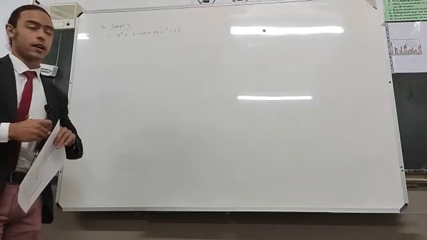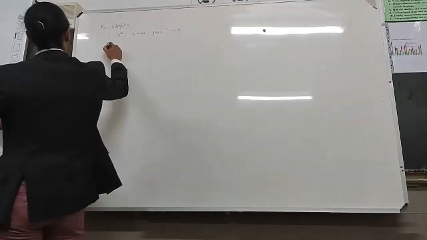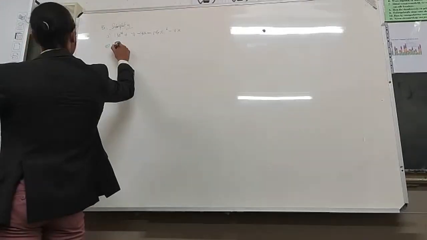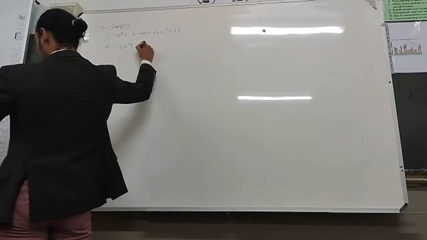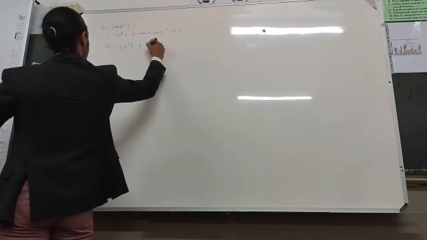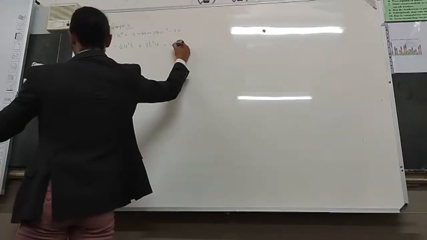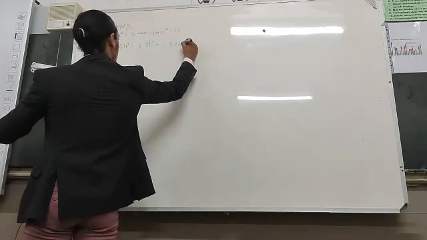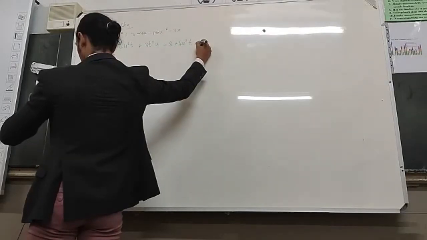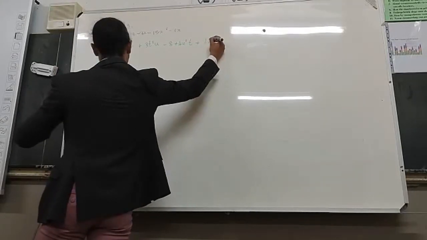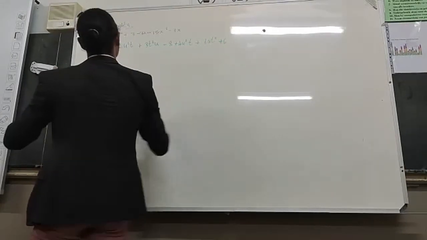Let's just look at number E there. Number E says: negative 4u squared t plus 3t squared u minus 8 plus 4u squared t plus 6ut squared plus 6.